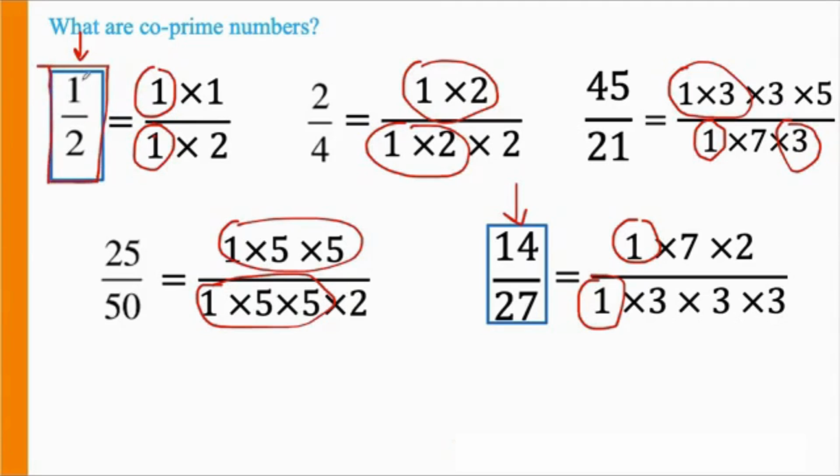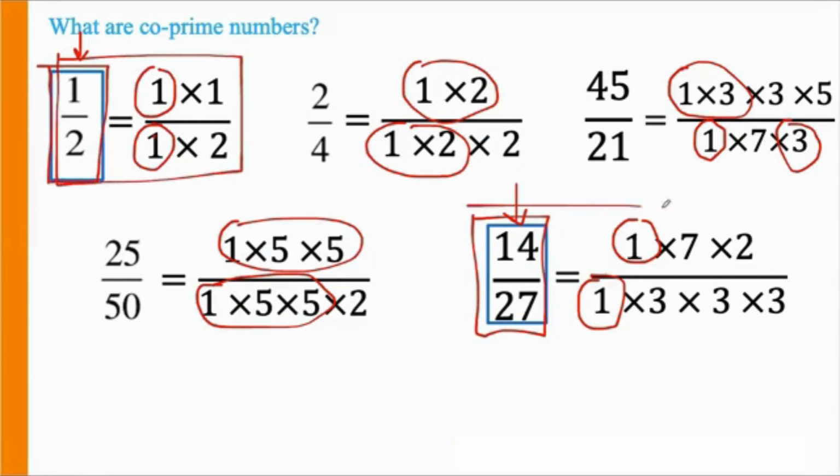is in the form of P by Q, where P and Q are called co-prime numbers. And so we will say the numerator and the denominator are co-prime because the only common factor in their factorization is 1. Here also the only common factor in the factorization of this numerator and the denominator is 1.